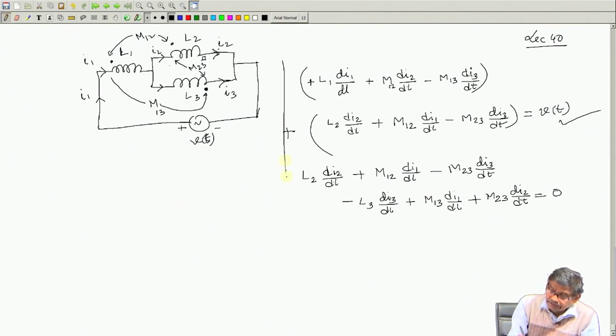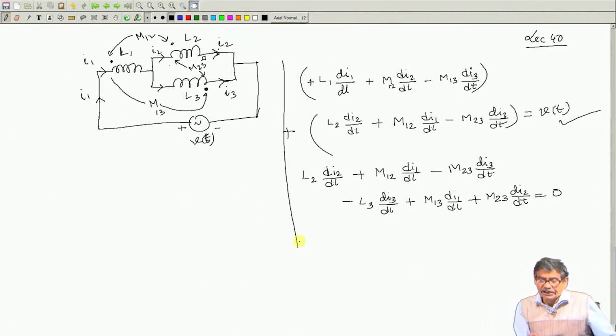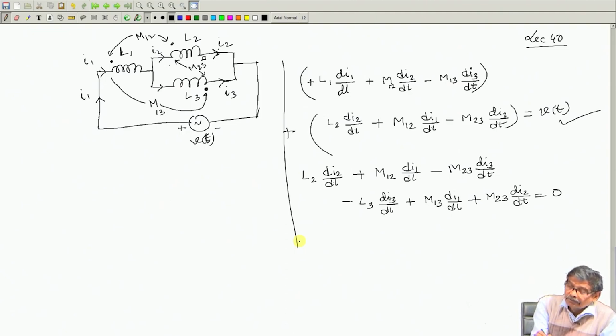Or another way of writing it, what I am telling, you always pretend that current is entering through dot, then no confusion. For example, in this one current is entering through dot is I2. So, L2 in this loop I am writing. So, L2 di2/dt, this side plus this side minus. Through this dot current is entering I1.